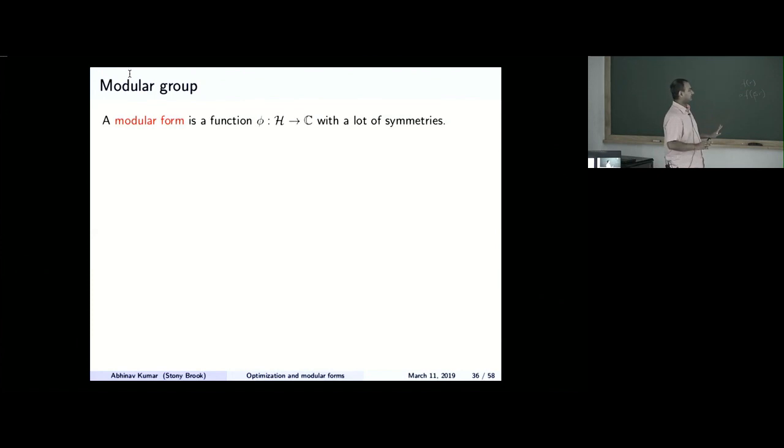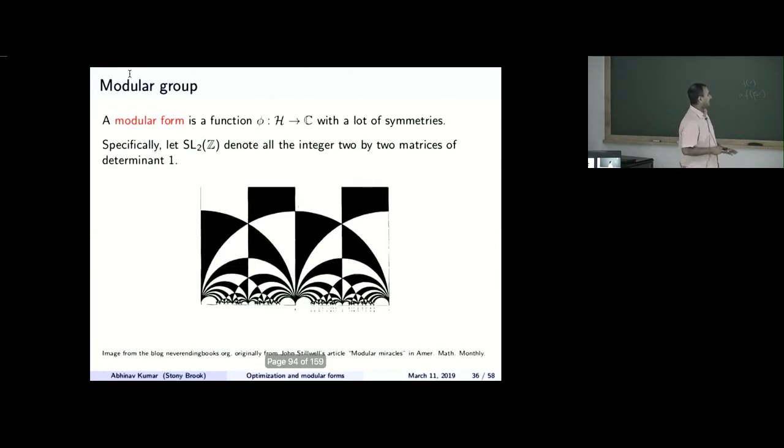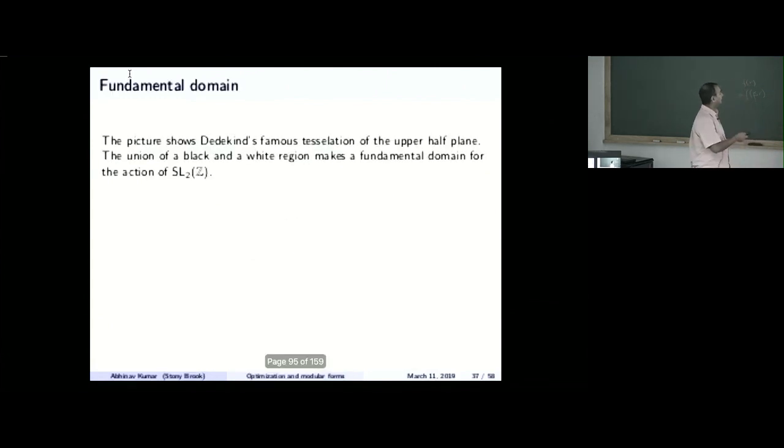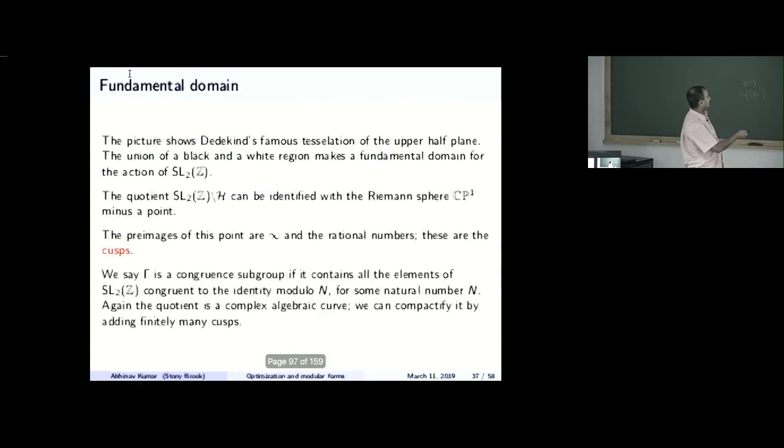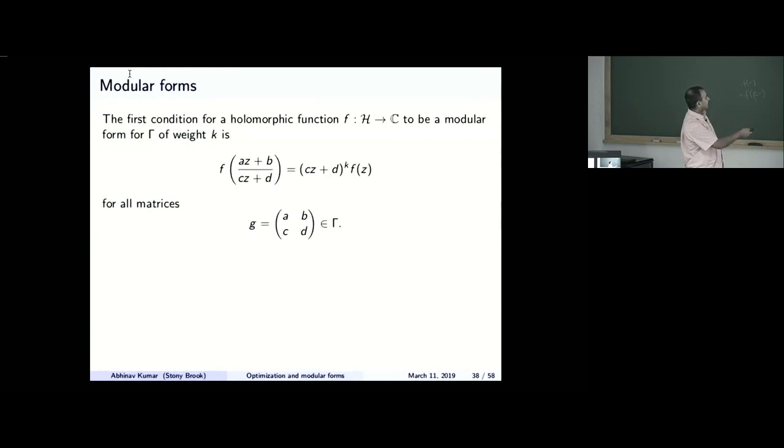So a modular form, very roughly, is a function on the upper half plane with a lot of symmetries. Namely, if you look at 2 by 2 integer matrices, or even real matrices, they act on the upper half plane. If you have a matrix A, B, C, D, it is going to act on a complex number z by taking it to (az plus b) over (cz plus d), that linear fractional transformation.